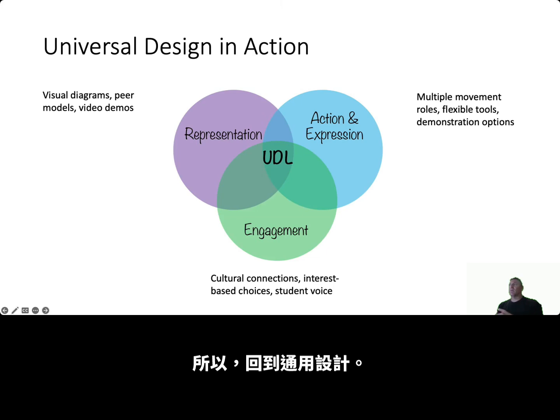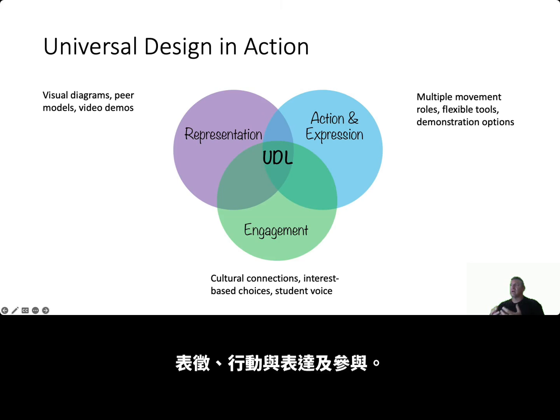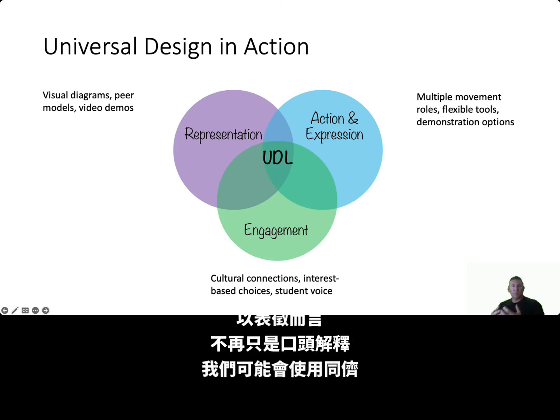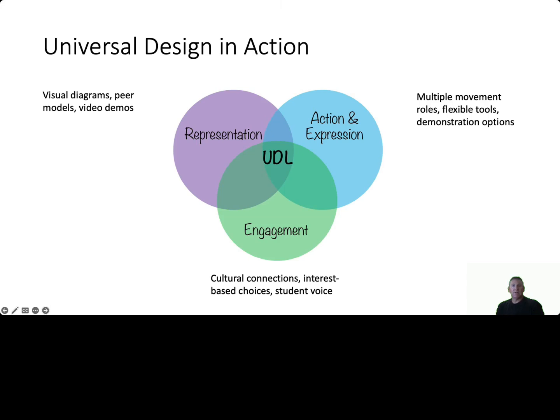So again, going back to the idea of universal design, the UDL framework we explored in session 1, we see that it includes 3 aspects: representation, action and expression, and engagement. For representation, instead of just explaining verbally, we might use peer demonstrations, short video clips, or a visual step chart for movement sequences.